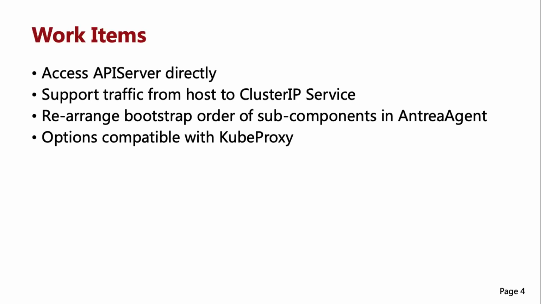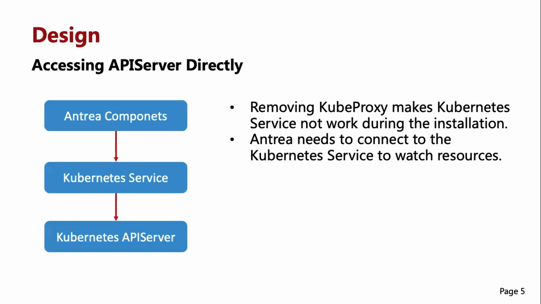Antrea proxy does not have this ability yet. Third, since Antrea proxy will take full charge of service serving, services will not be available until the first sync of Antrea proxy. So we need to make sure our sub-components that rely on service wait until Antrea proxy is ready. Fourth, some options should be compatible with kube proxy.